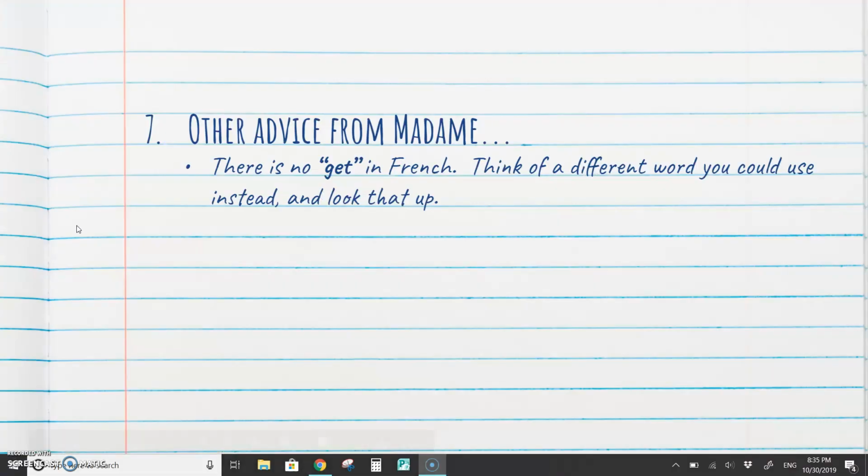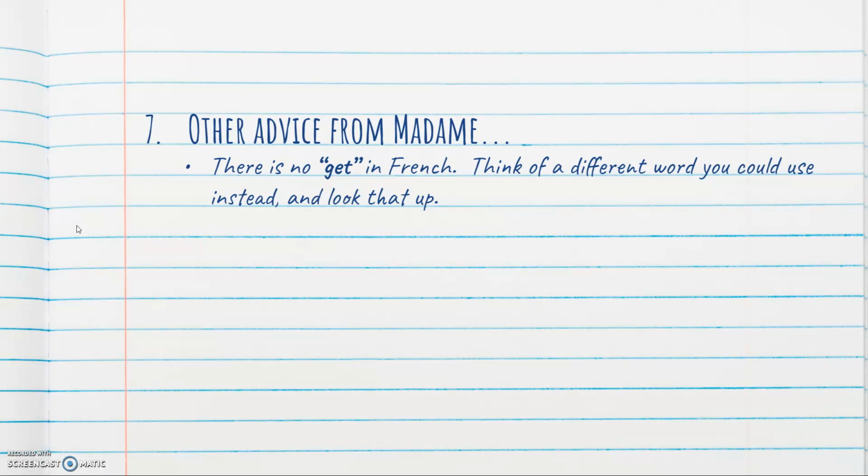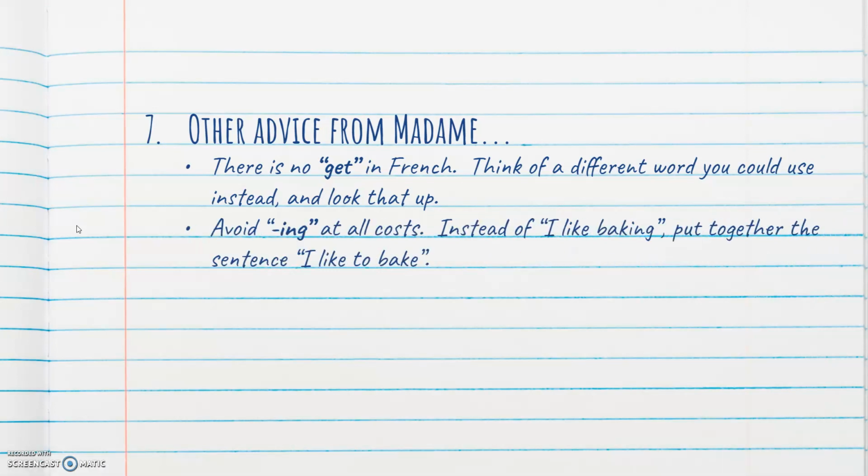So back to our other advice. We're going to stay away from the word get. The other thing that I want you to stay away from is anything that ends with ing. We use that ing ending all the time in English, and the problem is that sometimes when we use ing, it's on a noun. Sometimes it's on a present tense verb. Sometimes it's on a past tense verb.